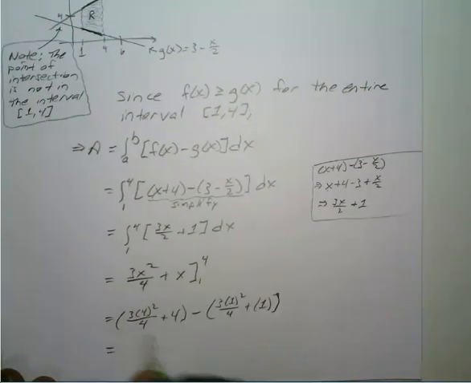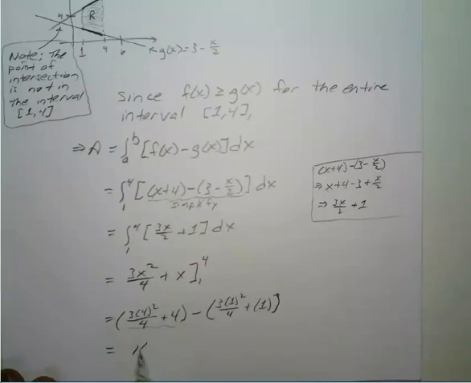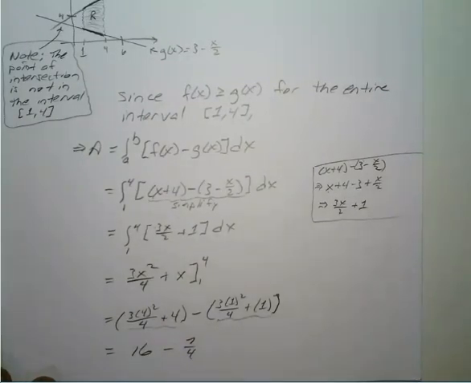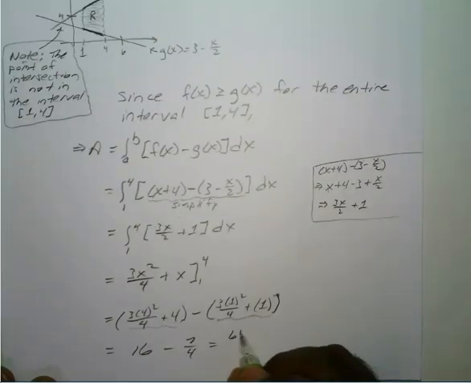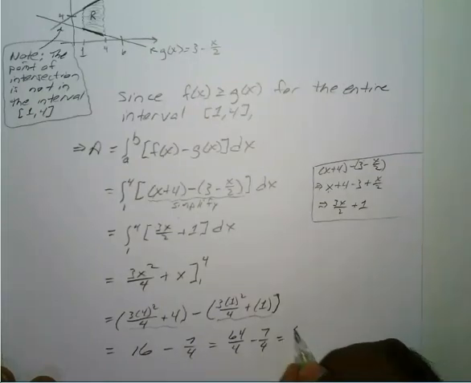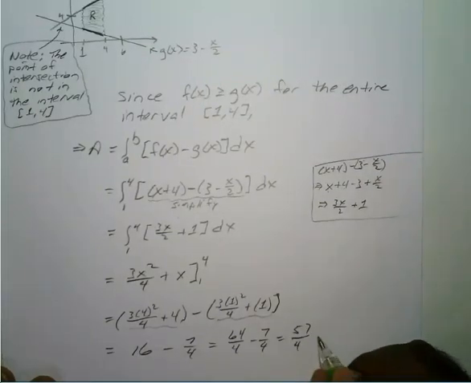So this will end up being 16 minus 7 over 4. If we rewrite that, this will be 64 over 4 minus 7 over 4, which is 57 over 4 square units.